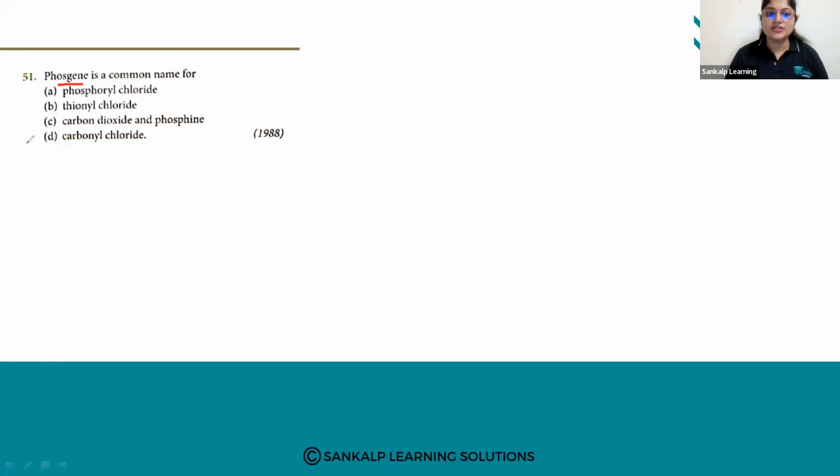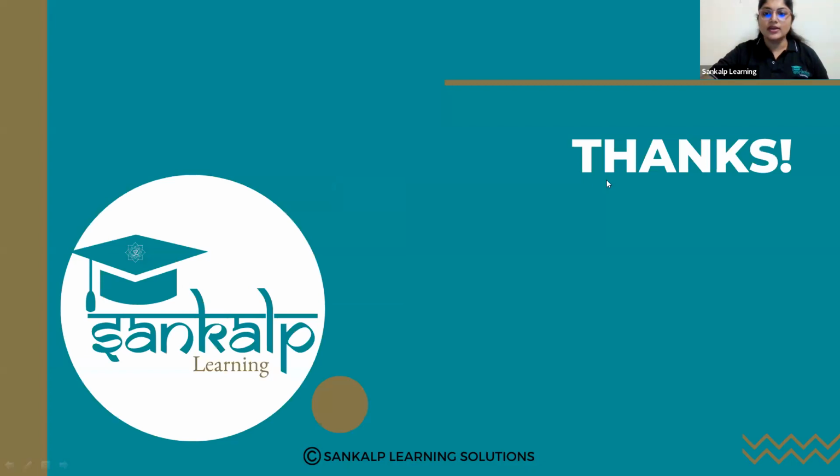The common name for phosgene is carbonyl chloride. Yes, it is carbonyl chloride. Understood? So these were some of the questions from haloalkanes and haloarenes. I hope the haloalkanes and haloarenes chapter is clear.